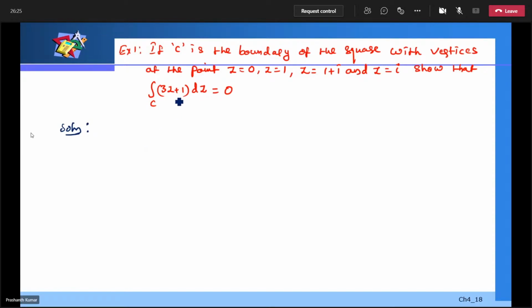So the integral over C of f of z dz is equal to 0. Without doing anything, just writing these brief statements, we say that the solution is 0 because this function is analytic and its derivative is continuous. Okay, that you write down.